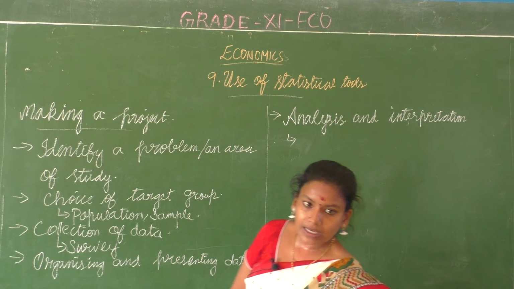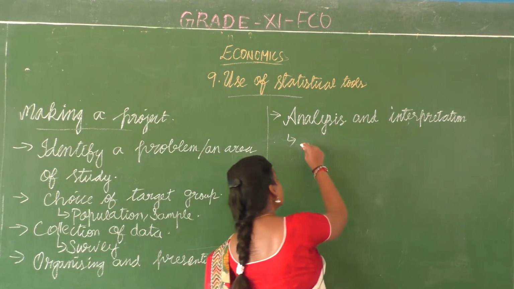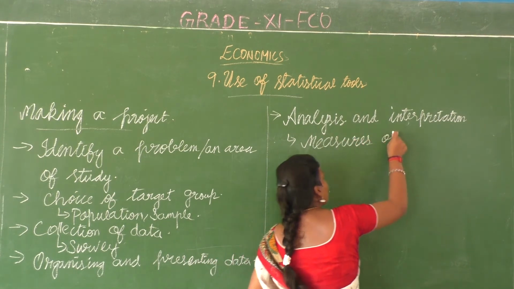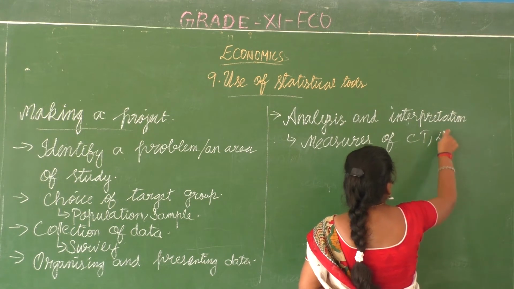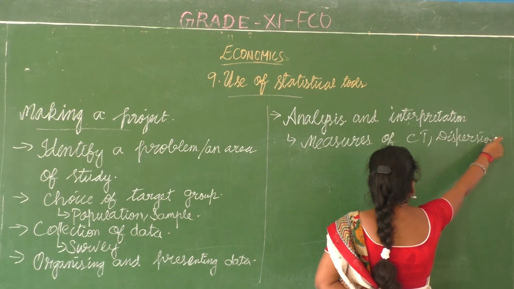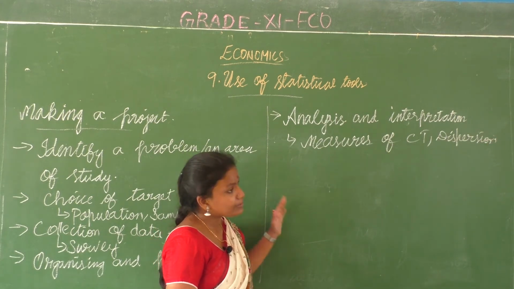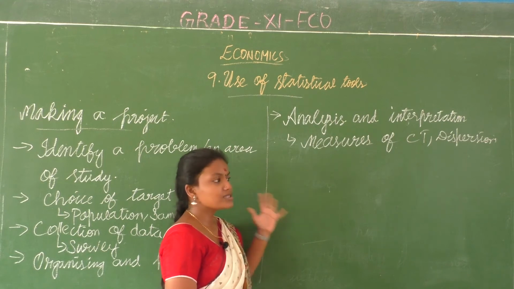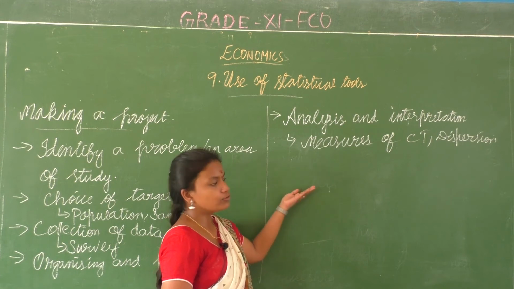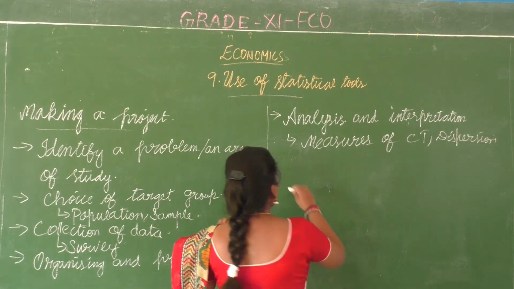So நம்ம collect பண்ணி classify பண்ணி present பண்ண டேட்டாவை you will be analyzing it using measures of central tendency or dispersion. All this should be done. Okay, so using arithmetic mean, median, mode, dispersion, standard deviation, all these things you have to do it in analysis and interpretation.